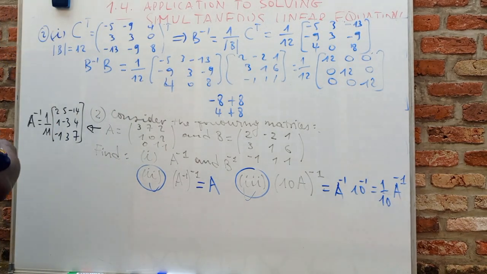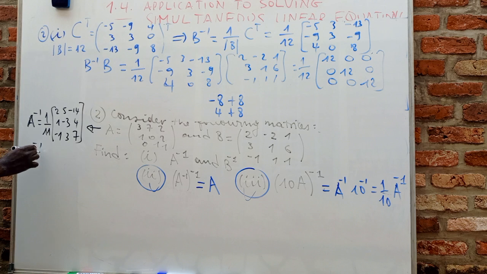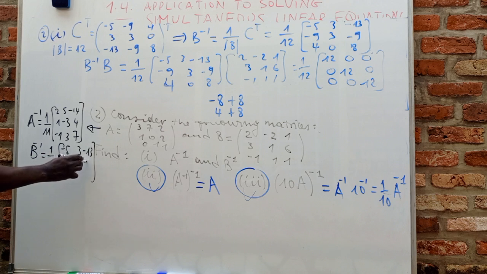So in this case, the inverse of matrix B is equal to 1 over 12 times the matrix with rows negative 5, 3, negative 13; negative 9, 3, negative 9; 4, 0, 8.